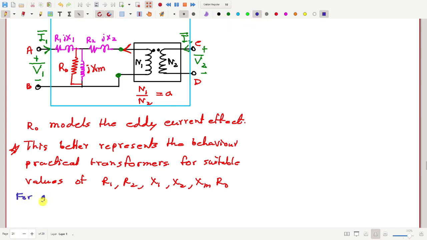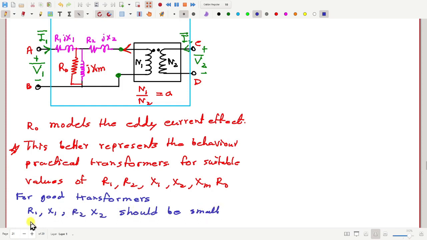Yes, R1, X1, R2, X2 should be zero, as small as possible. Ideally 0, and R0, XM should be as large as possible.